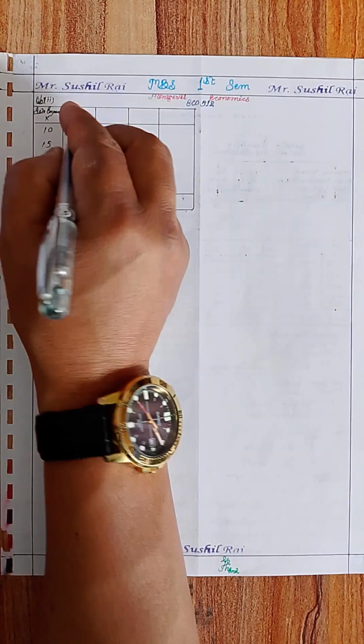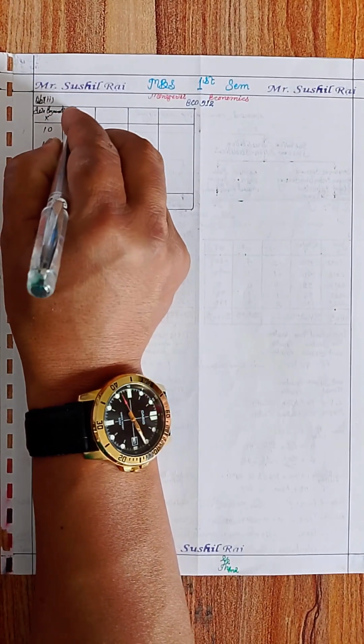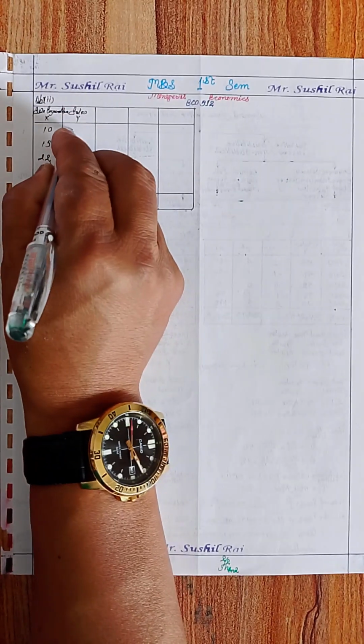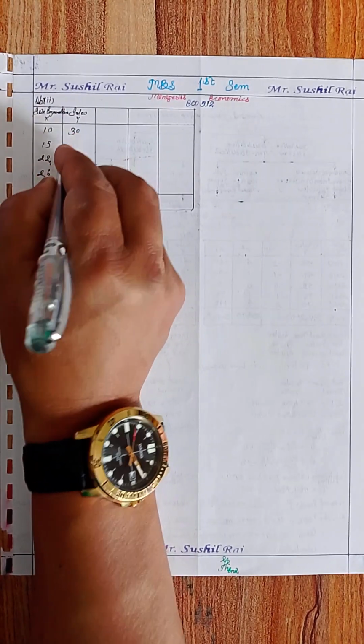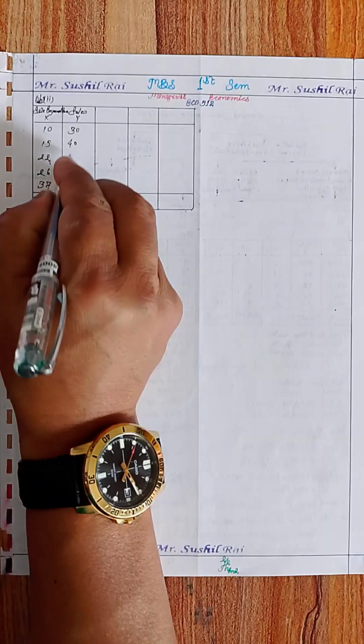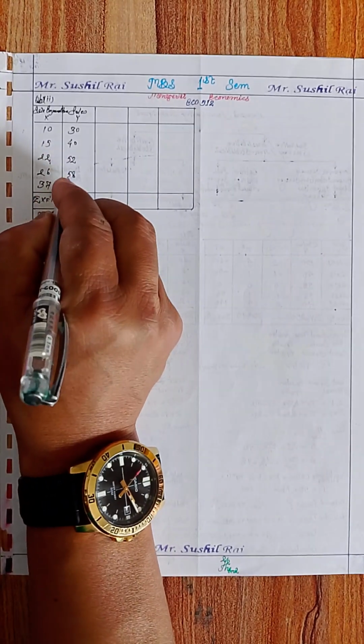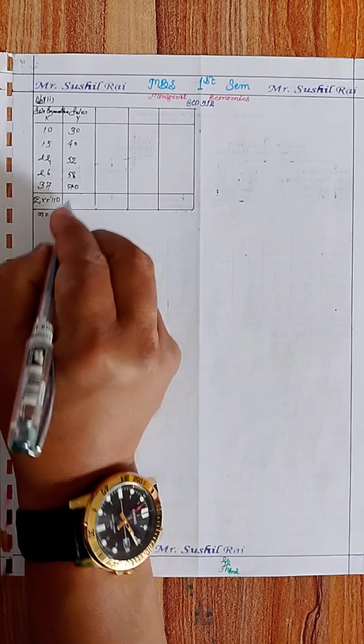Sales y: 30, 40, 52, 58, 70. Summation y is equal to 250.